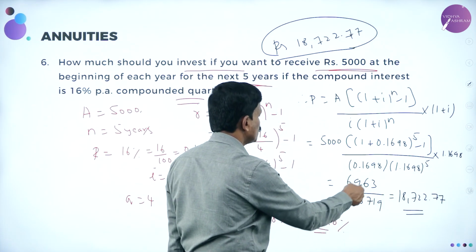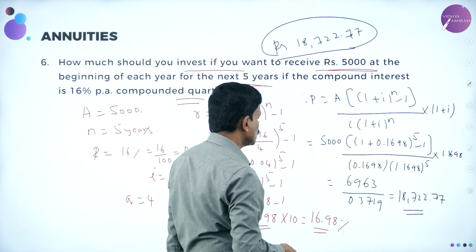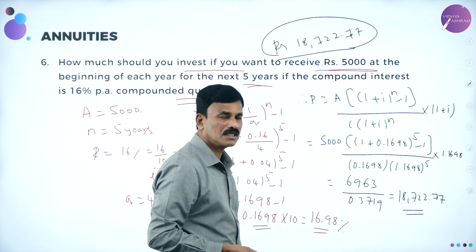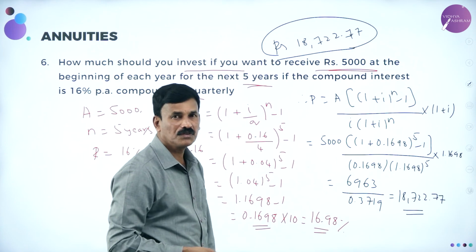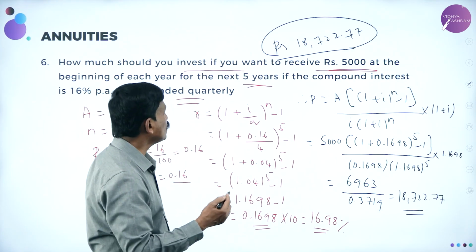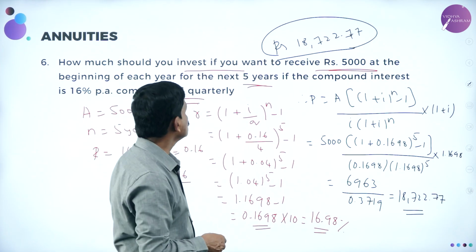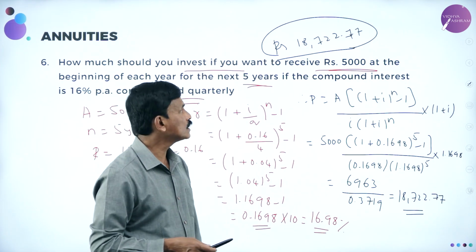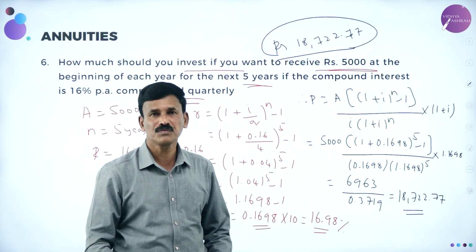On simplification, the numerator is 6963 divided by 0.3719 in the denominator. If you divide, you are going to get 18,722.77. The required answer is 18,722.77. Hope you follow.